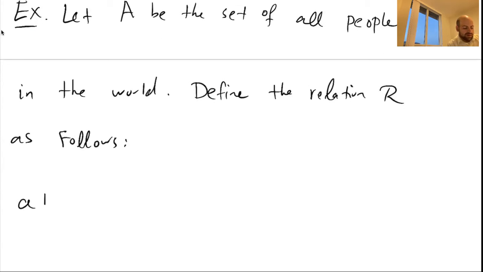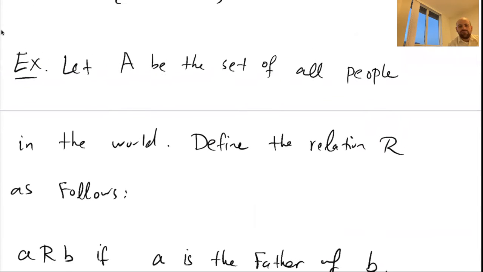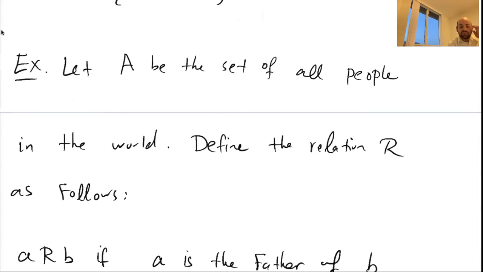Let's say we say aRb if a is the father of b. Okay, so this is a relation on the set A, which is defined as the set of all people in the world.